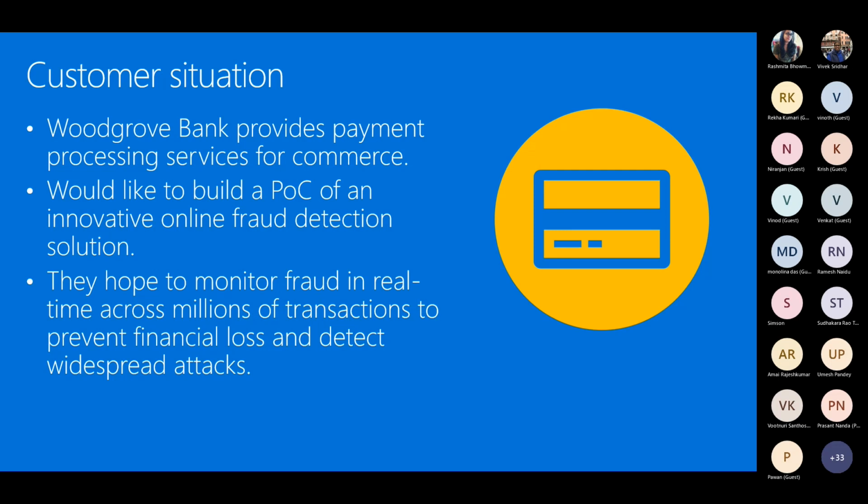So Woodgrove Bank wants you to help them create a solution which works at two different speeds. There is a fast moving speed which does real time fraud analytics. Now, as we understand, if you do something very fast, you cannot do it properly or accurately.